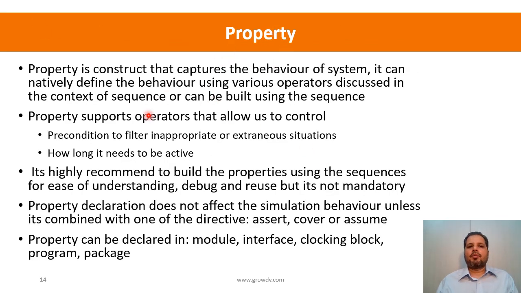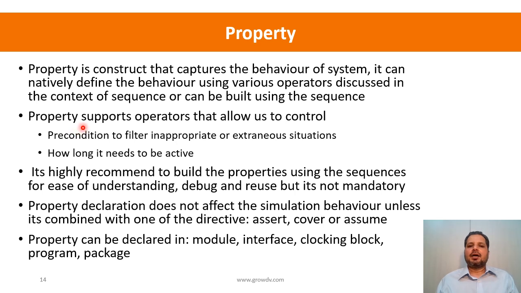So property is a construct that captures the behavior of a system, and it can natively define the behavior using various operators that we have discussed. For example, the delay operator can directly be used in the property, and all the operators that we are going to discuss in the context of sequence can also be used in the context of property.